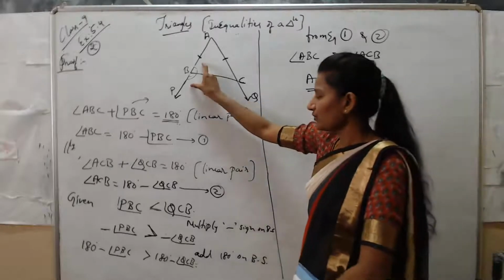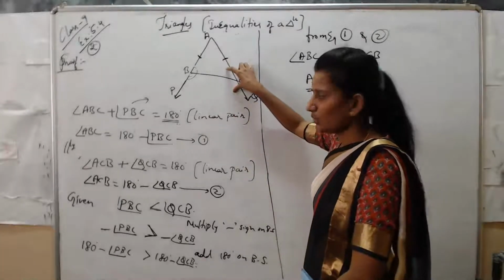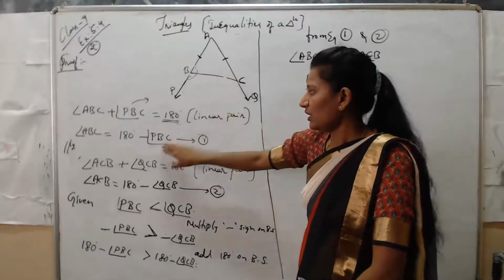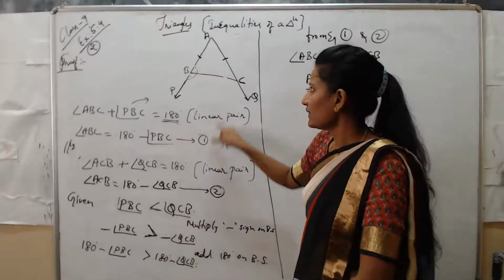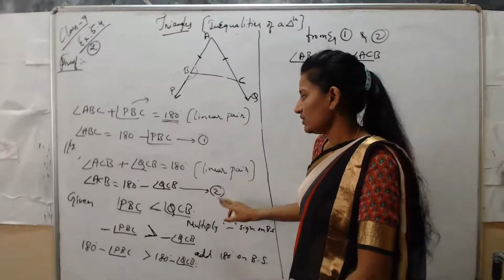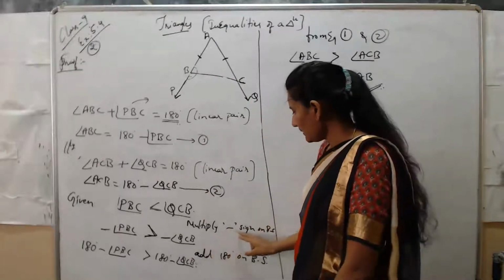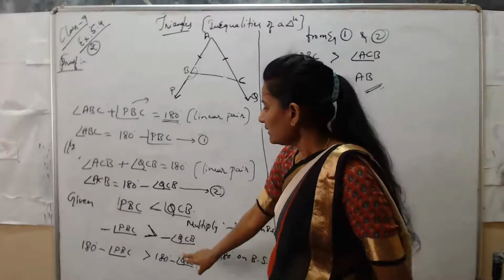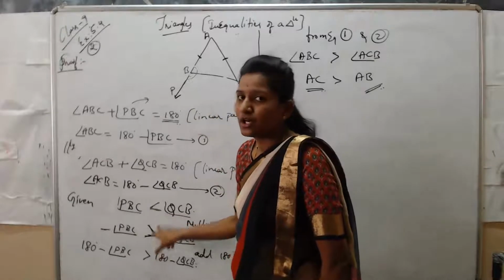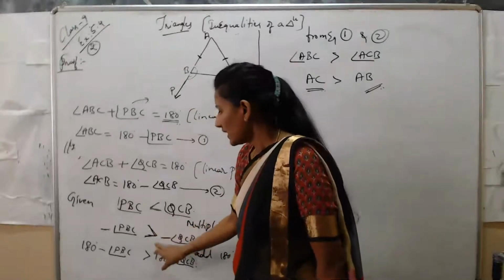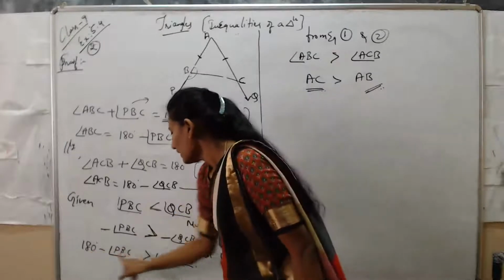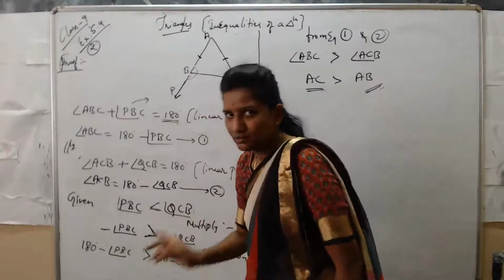Take linear pair of these two and these two. ABC plus PBC is equal to 180, and transforming this you get equation 1. ACB plus QCB is equal to 180 gives equation 2. When you multiply by minus sign, less than becomes greater than. This you have to remember. Next, add 180 on both sides. The symbol does not change for adding.